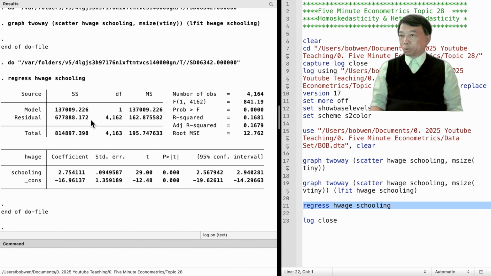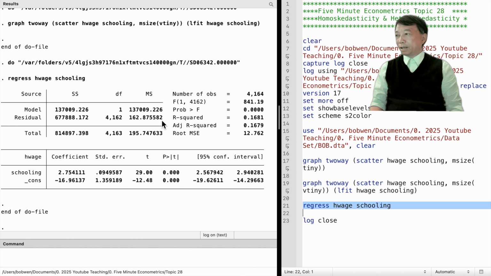The residual sum of squares, SSR, equals 677,888. The degrees of freedom equals 4,162 because the number of observations is 4,164, and there is one intercept and one explanatory variable in the model. The error variance estimate is about 163.